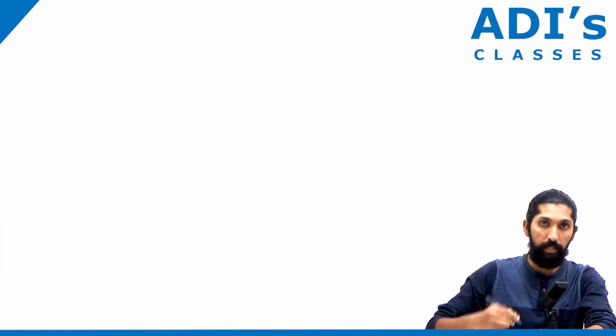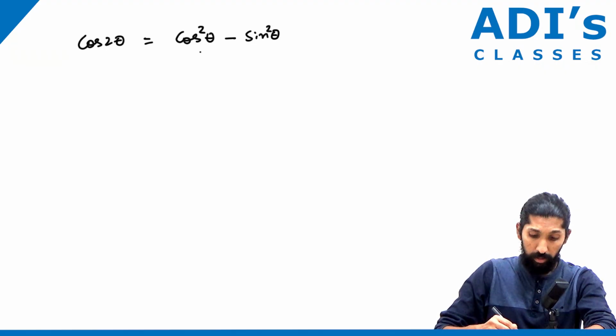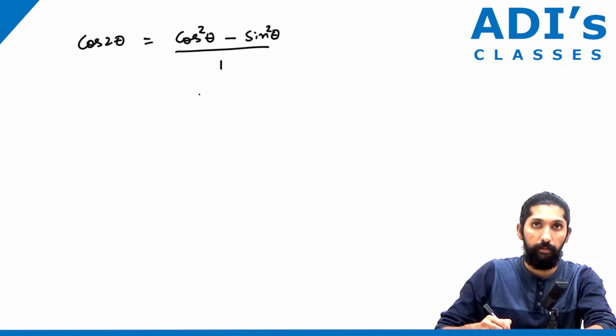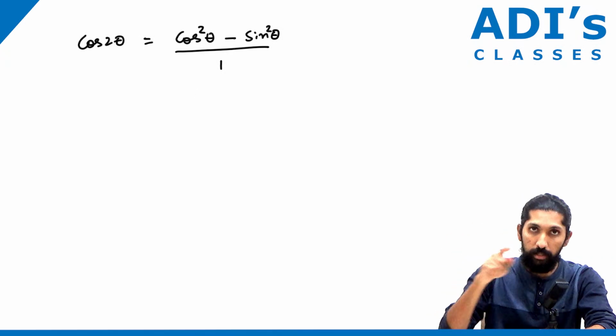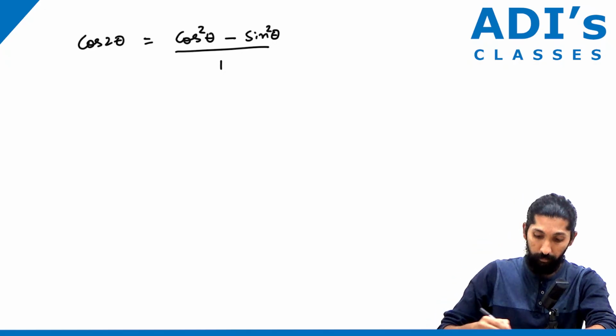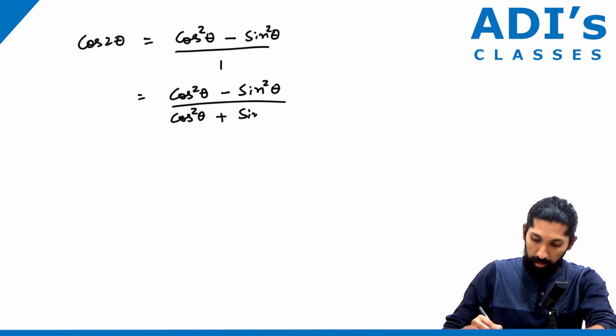Again, we'll start with the basic identity. That is cos 2 theta is equal to cos square theta minus sin square theta. Now, this is nothing but divided by 1, correct? Now, 1 can be written as cos square theta plus sin square theta, right? This is going to become cos square theta minus sin square theta divided by cos square theta plus sin square theta.